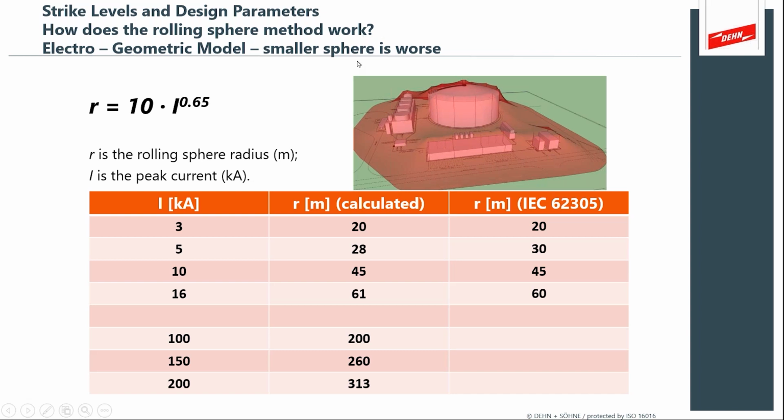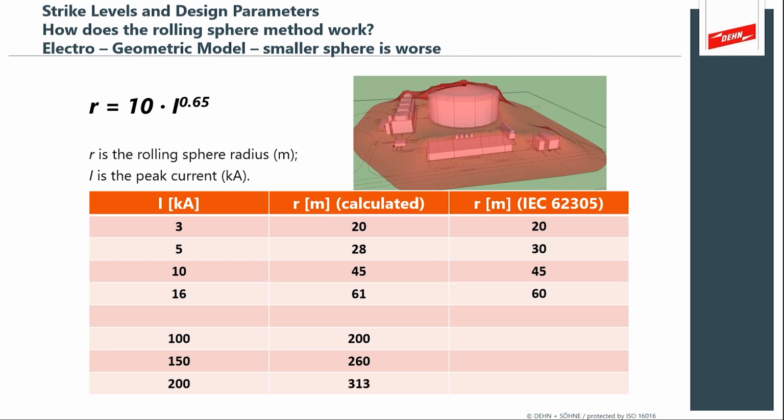So a smaller sphere is considered worse because it can attach to other things that you might have thought you had protected against. And what I like about this illustration above is that if you place your air terminals, you can build that rolling sphere model and show that you've suitably applied lightning air terminals where they will be effective to capture that stroke.